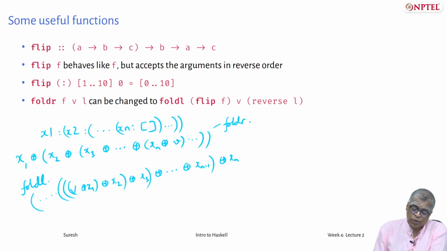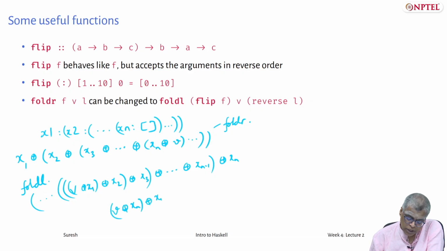Now you can see that if I instead apply foldl on the reverse of the original list, then I will have v applied on xn, then that result applied on xn minus 1, all the way till you get to x2.